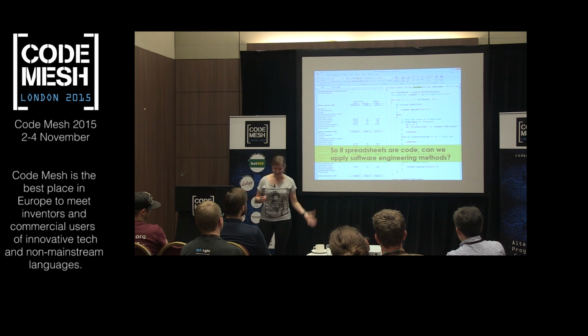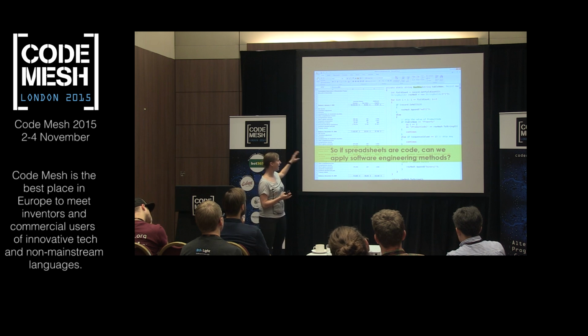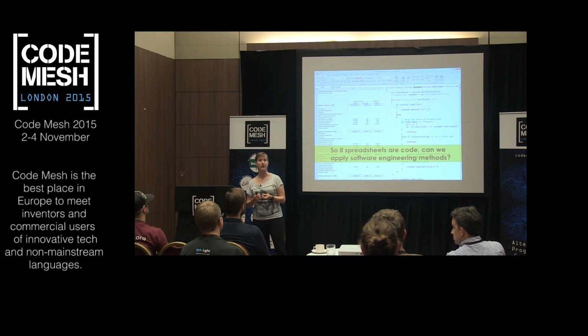So the idea now here, and that's actually what my research is about. My research is not about doing crazy Excel stuff. The idea of my research is, if spreadsheets are code, could we apply methods from software engineering to spreadsheets to help people build better spreadsheets?